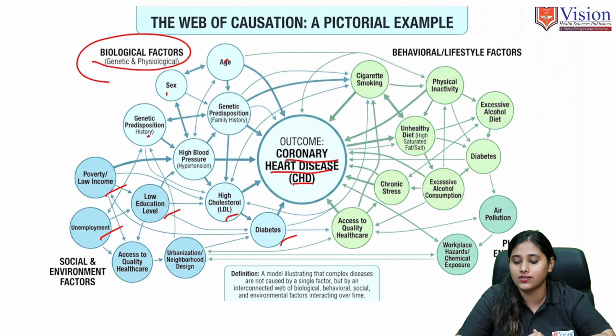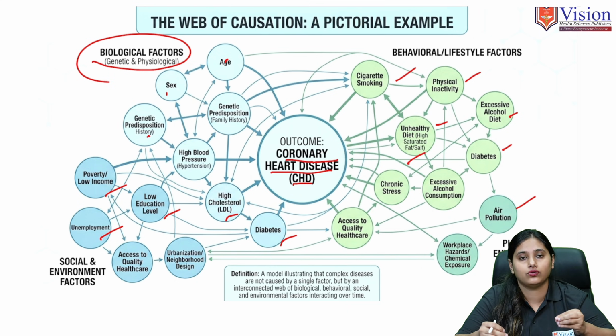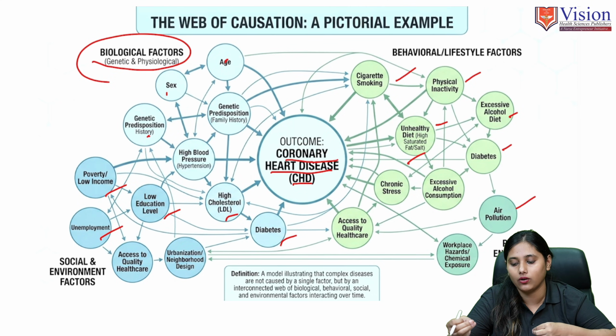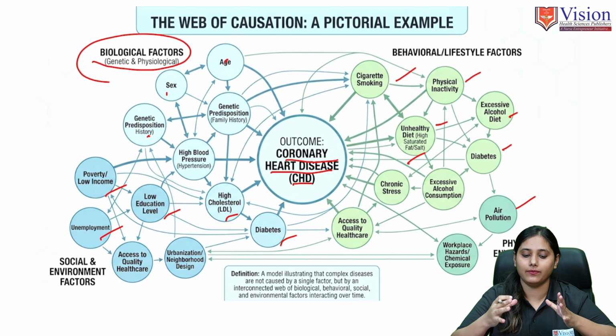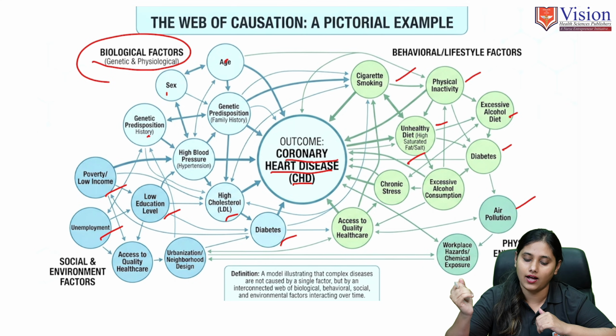For example, the patient is not having good physical activity, has the habit of cigarette smoking, excessive alcohol, unhealthy diet, chronic stress, and physical environments like air pollution. So not only the age, or only the cigarette smoking, or only diabetes is causing the coronary heart disease, but all these factors form a web, and then a person is suffering from coronary heart disease.